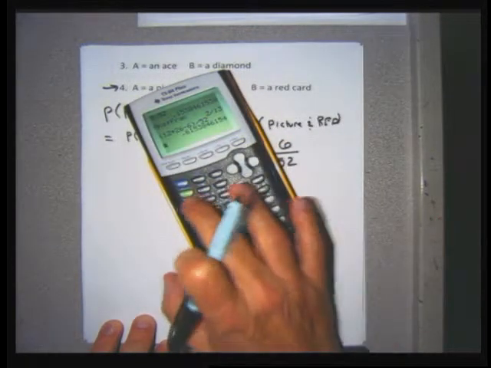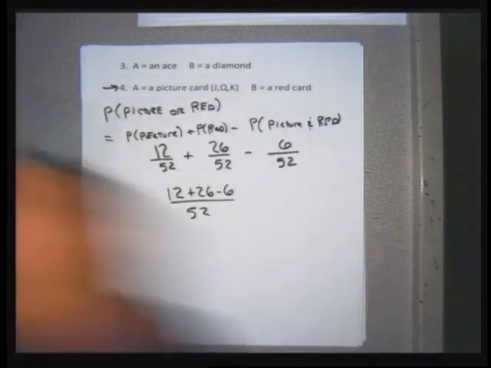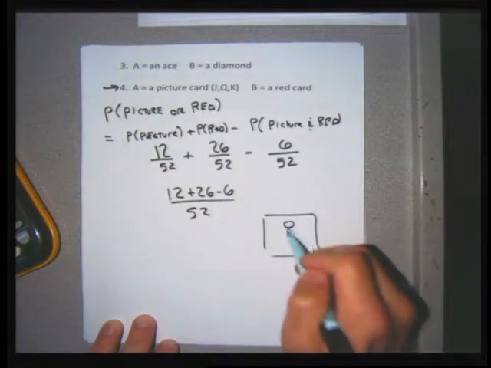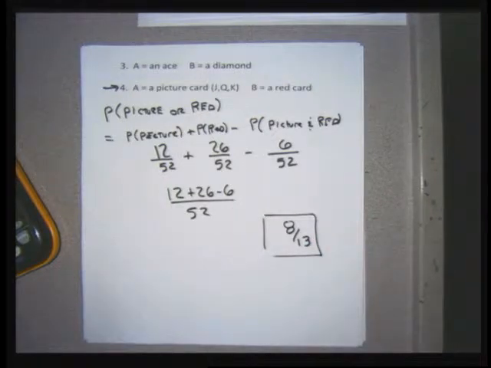Enter, and then math, enter, enter, and my answer is going to be 8 over 13. So without really fussing with reducing fractions and doing any math in my head, I can get the answer. It's probably what I'd kind of expect you to do, just because it's safer to do that than it is to do it in your head.